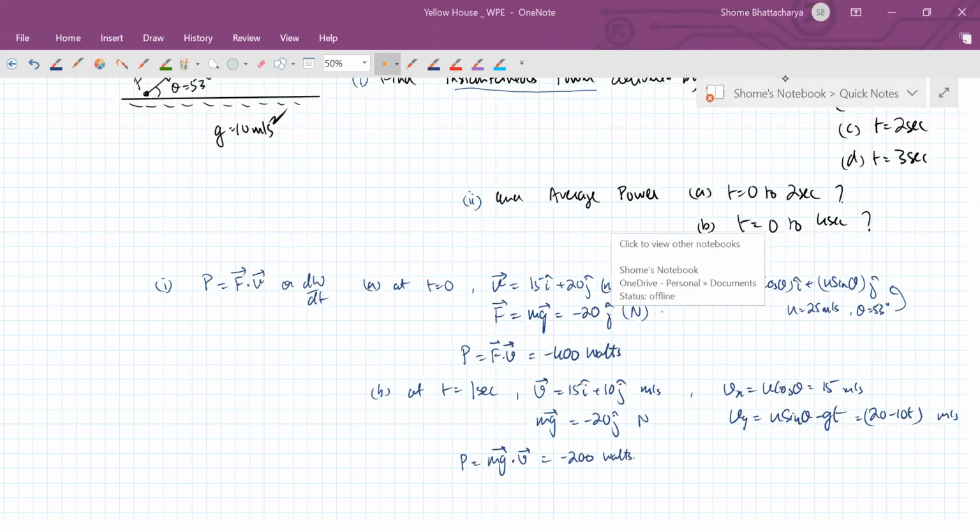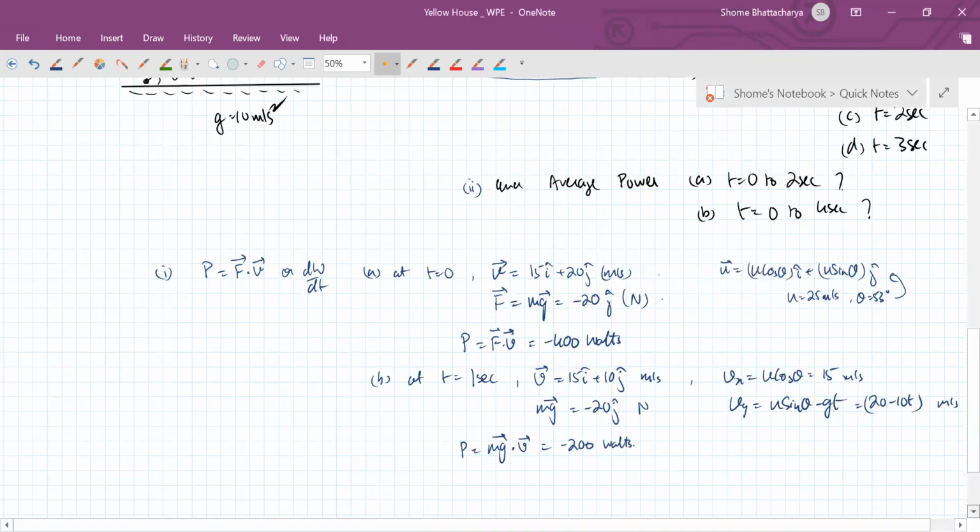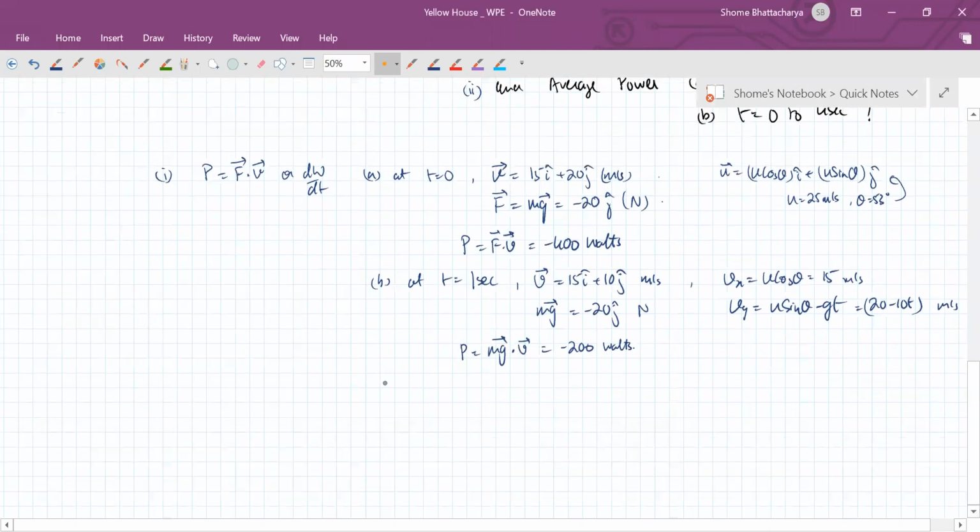Okay, Anmol, yes, that's correct. So we can see that at t equal to 2 seconds, the velocity becomes 15 i cap. So the power should be 0.